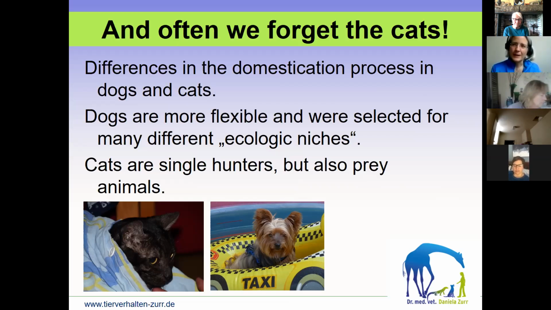So the pressure of being behavior-wise very flexible was much lower. And also because of their small size, even if they are hunters, they are also prey animals because they are small enough to get eaten by many other animals in nature. So when we think about chronic stress, I would actually believe that 70 or maybe even 80% of indoor cats suffer from chronic stress. And obviously some with low levels and some with really high levels.